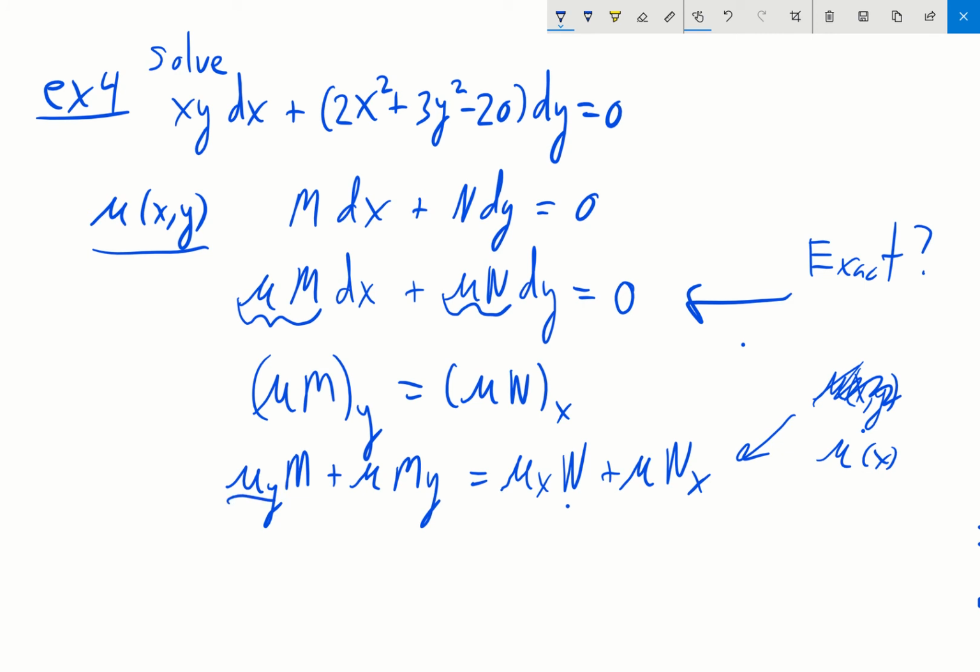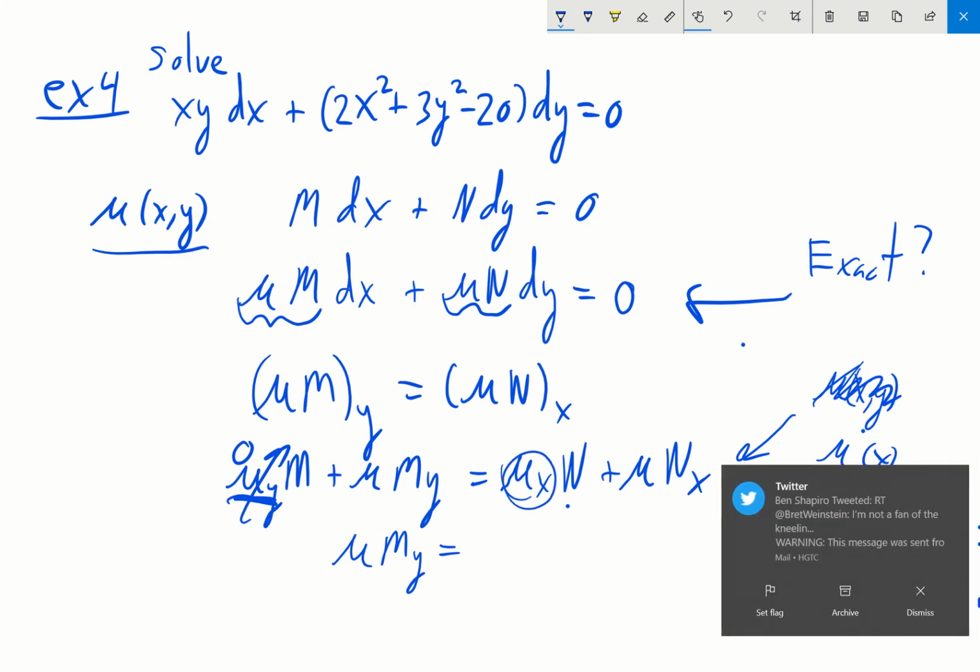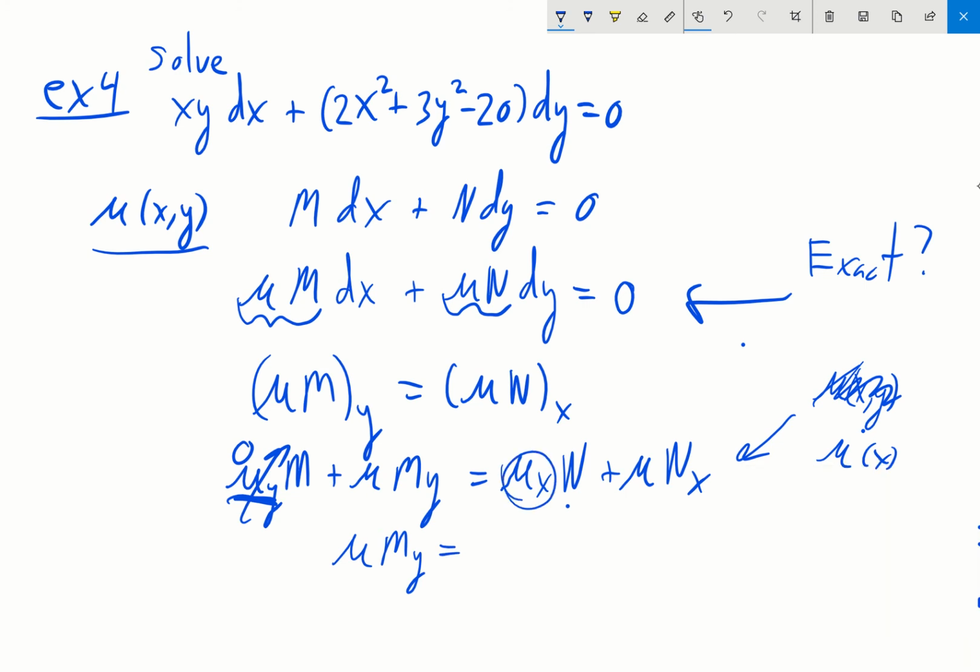Well, if mu depends only upon x, then its partial with respect to y would be equal to 0. So we have mu M_y, M still depends upon y, and then this would no longer be a partial derivative. This would actually be just the single derivative, so this would be d mu dx times N plus mu N_x.